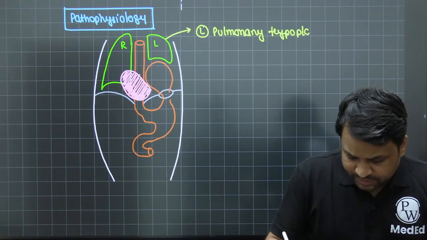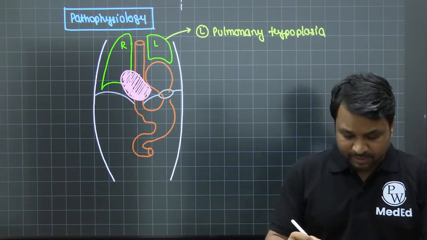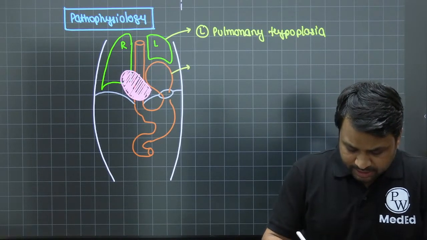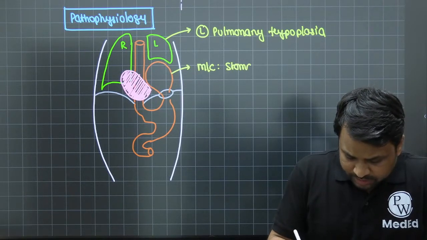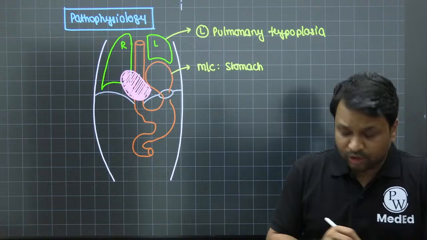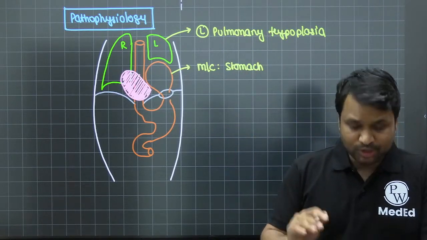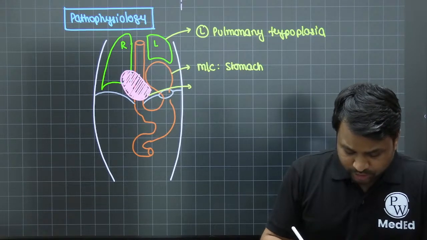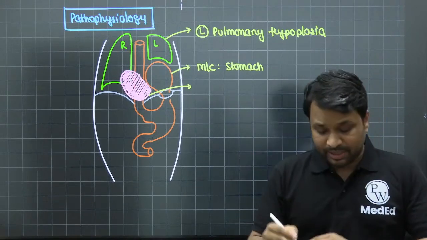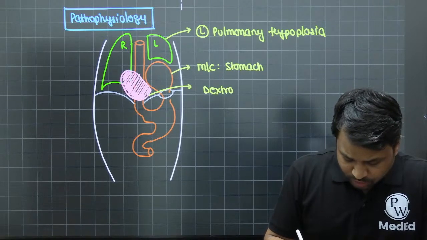Most commonly it is the stomach which invaginates into the thorax and occupies the space, so it compresses that area. The mediastinum is also pushed to the other side, so a mediastinal shift is noticed, which is also referred to as dextrocardia.